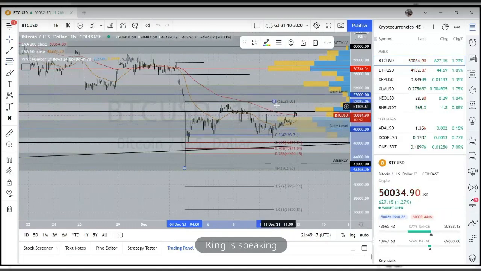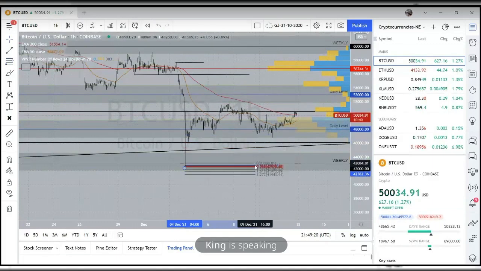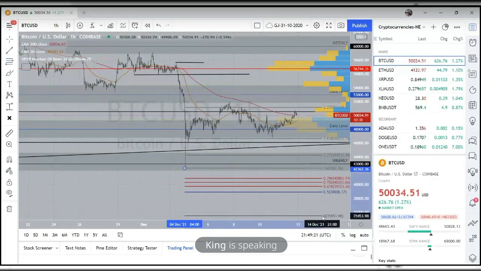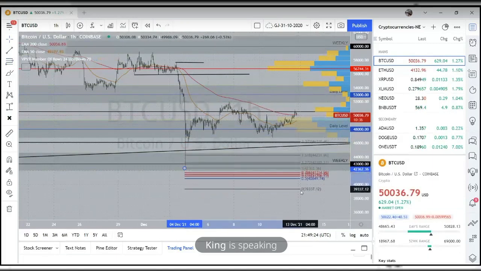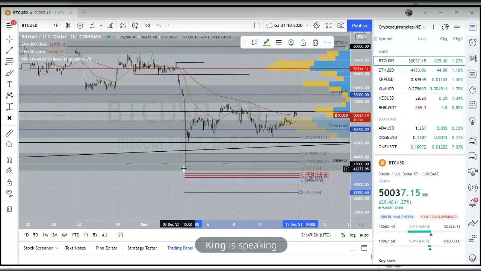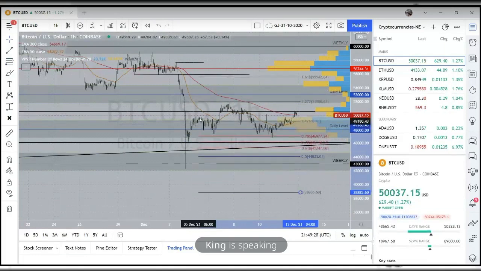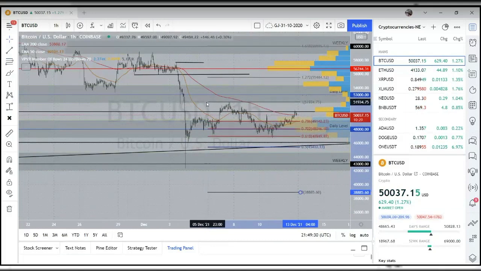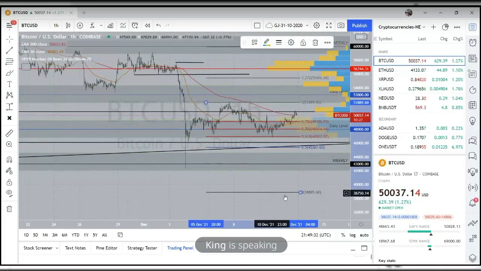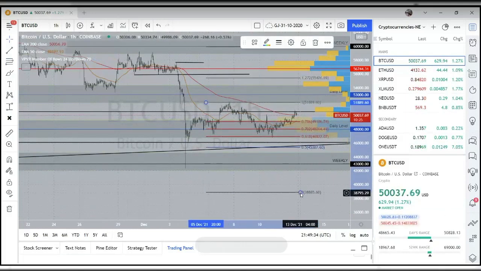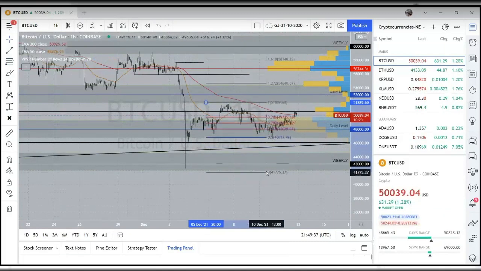If we look in terms of extensions where this could possibly trade to, we just flip the fib tool, put it back at the high, put this back at the low, which is somewhere here.